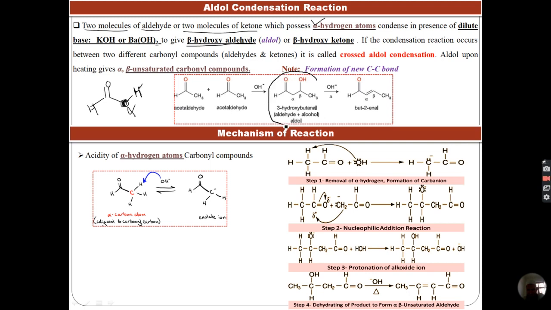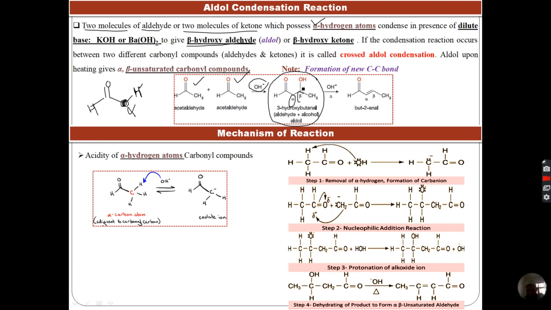In this figure you can see, I'm just encircling it. This is one aldehyde molecule, acetaldehyde, and this is another acetaldehyde molecule. They condense together in the presence of a base and form this compound. This is the carbonyl-adjacent carbon, alpha, then this is beta.